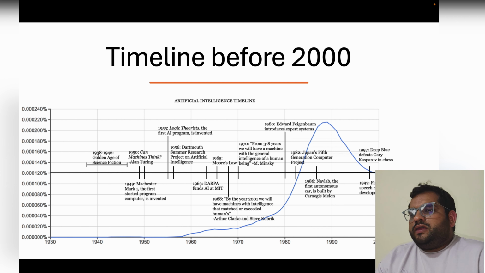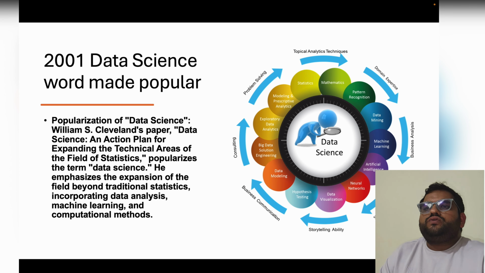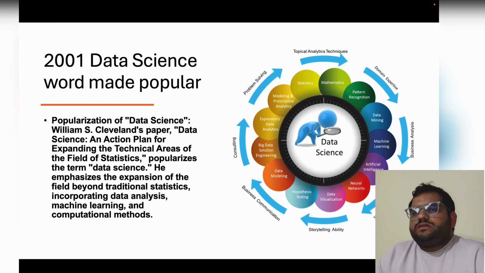Then there was Moore's law in 1965, and things came up very quickly, and till 2000 there was nothing called data science as such, but after some time we got the name data science. In 2001, the term data science was made popular by William S. Cleveland's paper, Data Science: An Action Plan for Expanding the Technical Areas of the Field of Statistics.